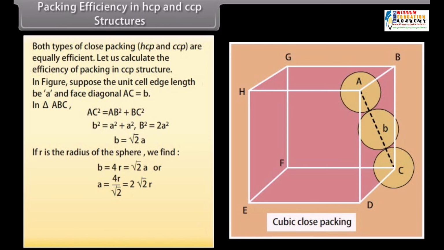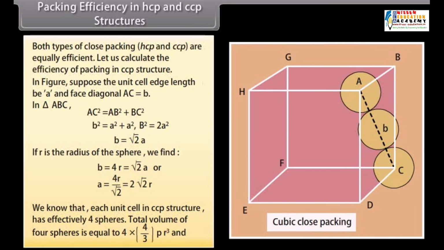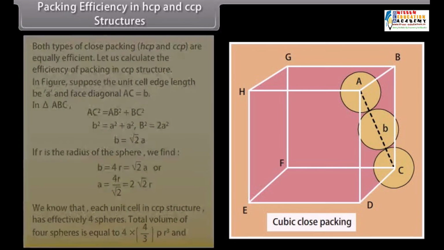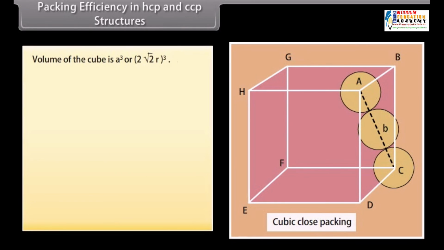We know that each unit cell in CCP structure has effectively 4 spheres. Total volume of the 4 spheres is equal to 4 × 4/3 πr³, and volume of the cube is a³ or (2√2 r)³.